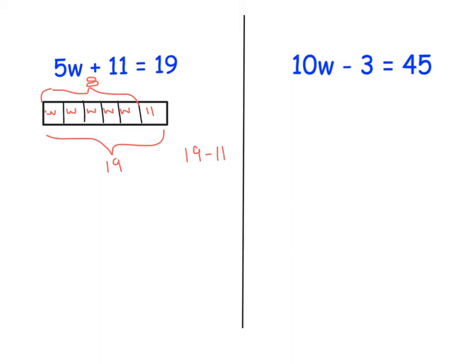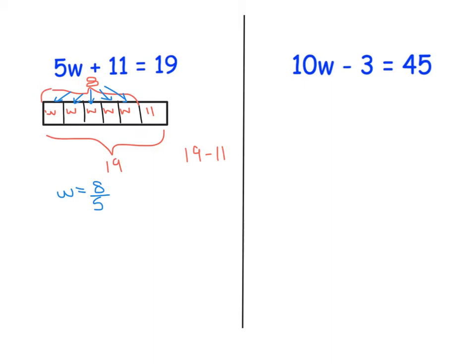So to figure out what one of those w's is, I would normally be doing that 8 divided by 5. Split into those 5 boxes equally. So w is 8 divided by 5. Now, it's absolutely fine to leave your answer as an improper fraction.